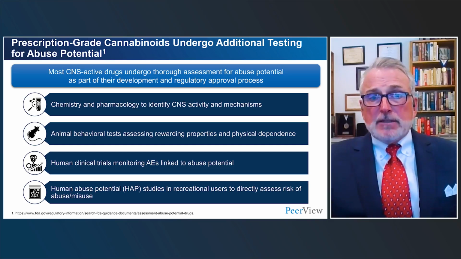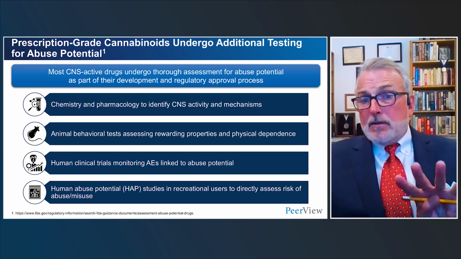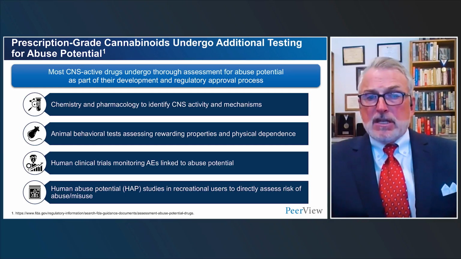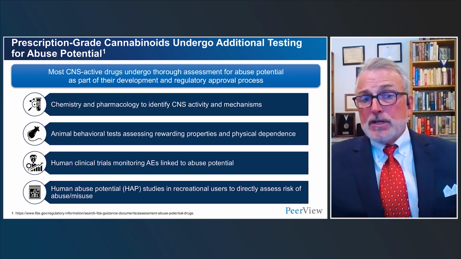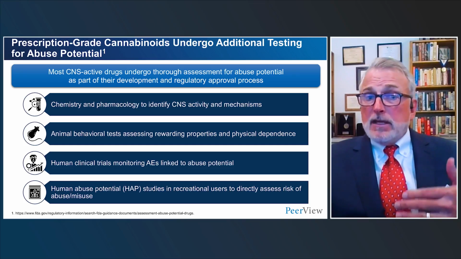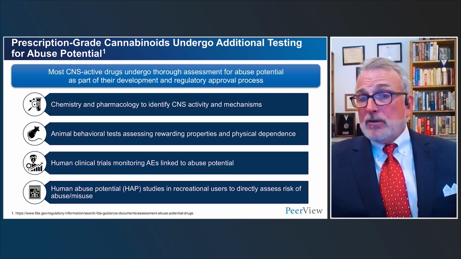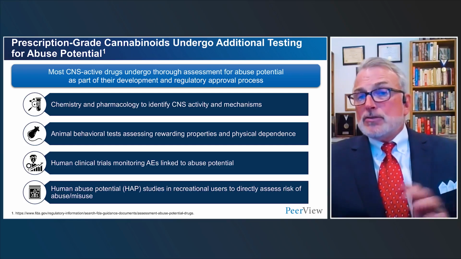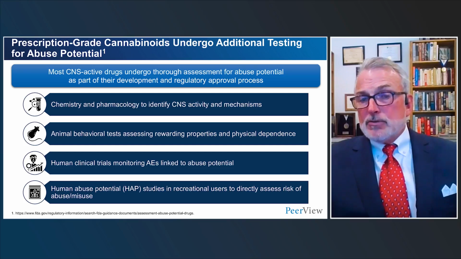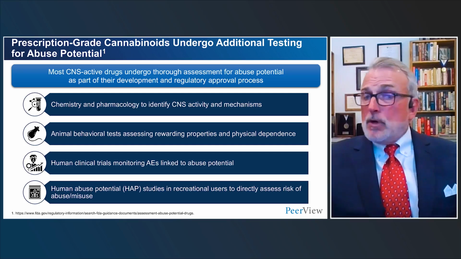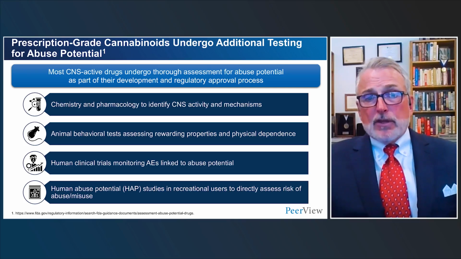So there's testing of the interaction of cannabinoids with CNS receptors and neurons, animal testing to look for risk of dependence, physical dependence, and rewarding properties, and then even human clinical trials that monitor adverse effects, including abuse potential, as well as the reinforcing nature of the compounds in using patients, in actual drug abusing patients. Again, once again, this is not done in the over-the-counter products.